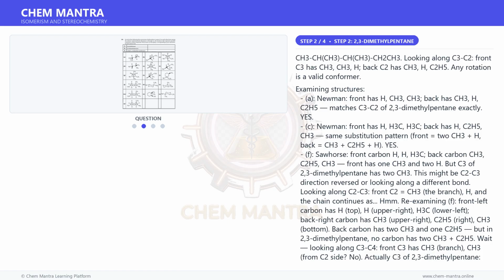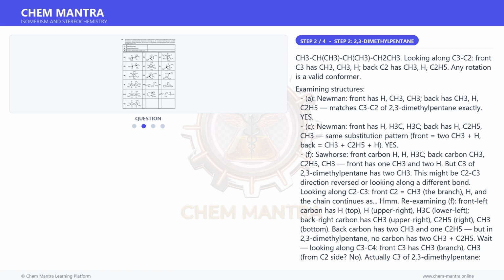Re-examining, F front left carbon has H top, H upper right, H3C lower left; back right carbon has CH3 upper right, C2H5 right, CH3 bottom. Back carbon has 2 CH3 and 1 C2H5, but in 2,3-dimethylpentane, no carbon has 2 CH3 plus C2H5.